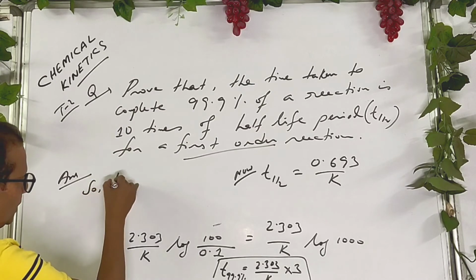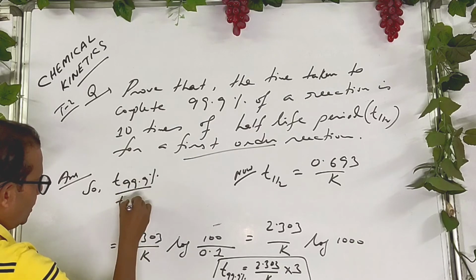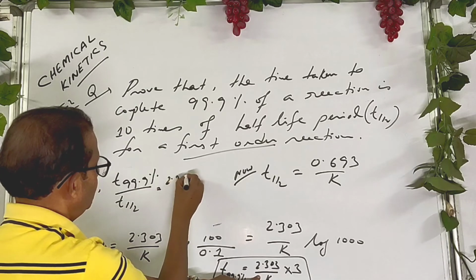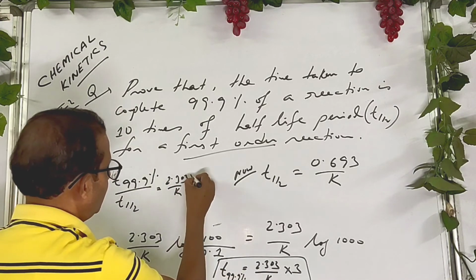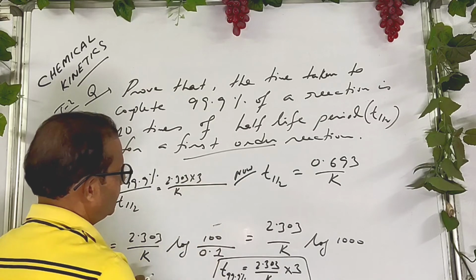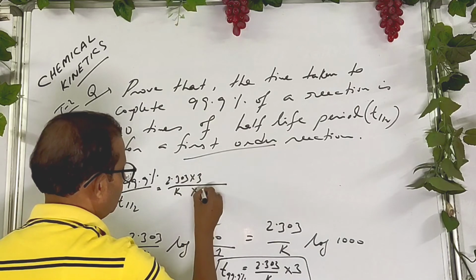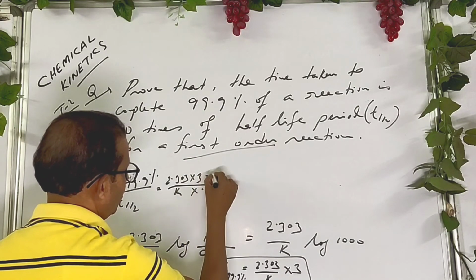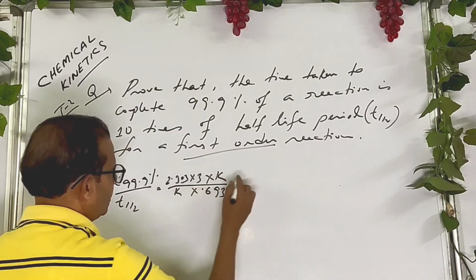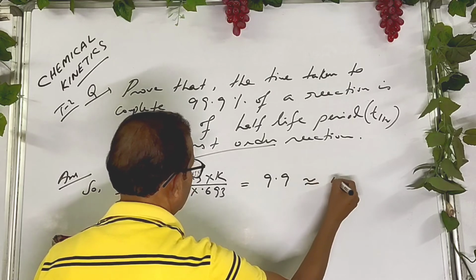So T 99.9% by T half equals 2.303 by K into 3 divided by 0.693 by K. So it is nearly equivalent to 9.9, that is 10.